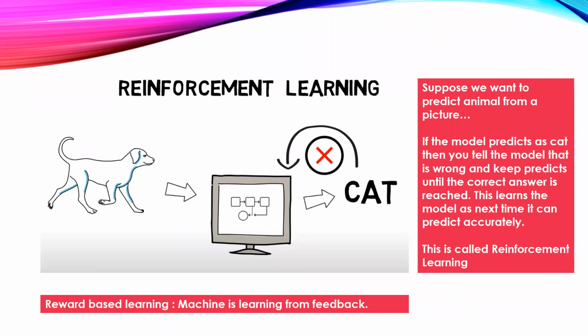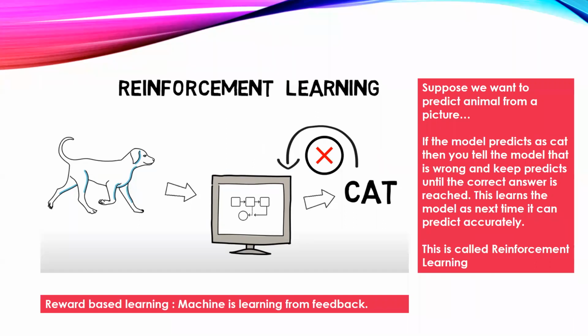Reinforcement learning is totally different, right? It's similar to supervised learning at first, but let's say the mission is to identify a picture of a dog, and based on what the model has learned, it predicts a cat, because this dog looks small and has a shape kind of like a cat. The model predicts a cat, right?